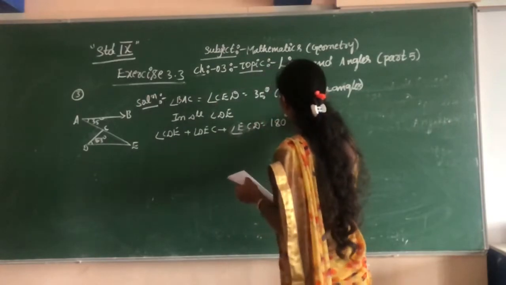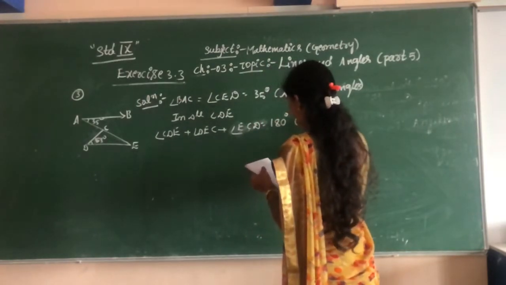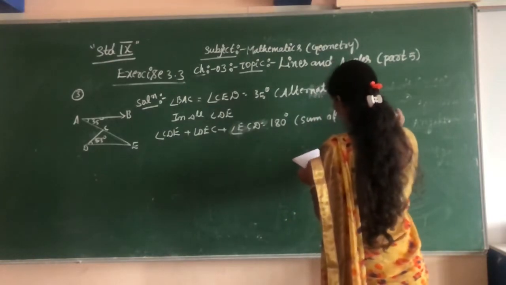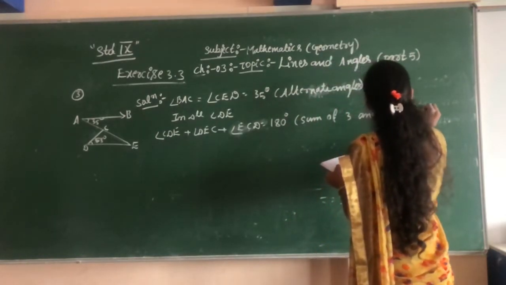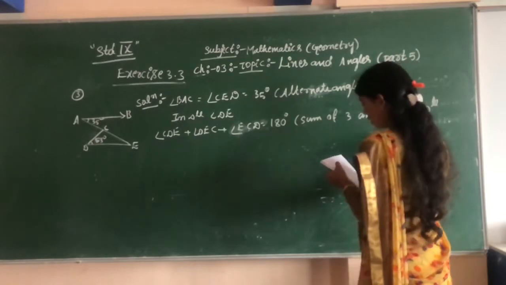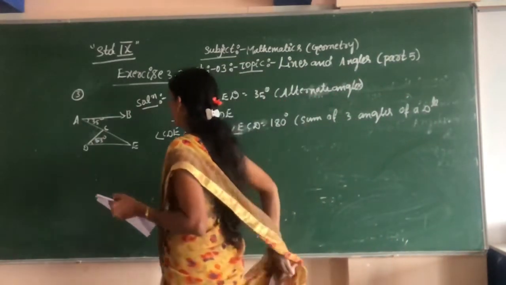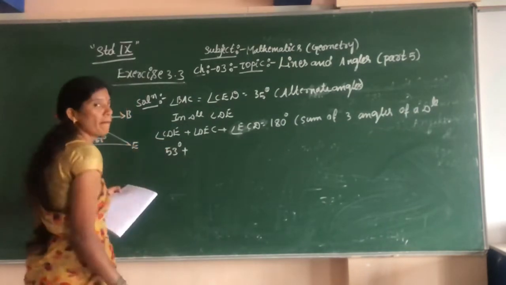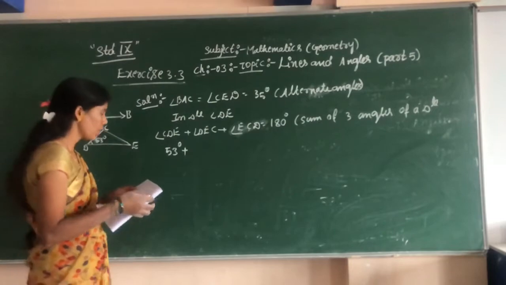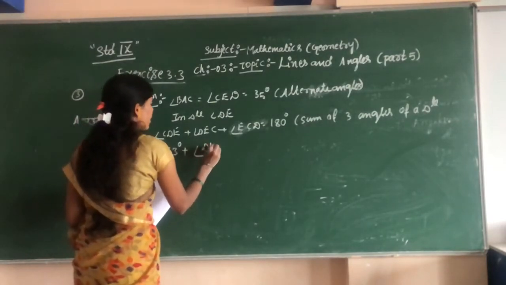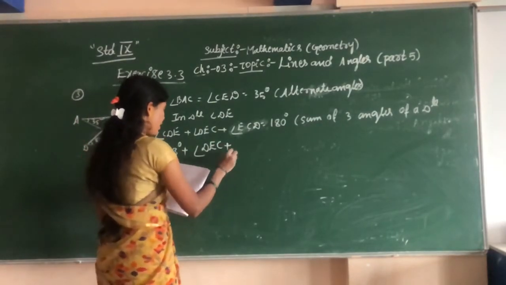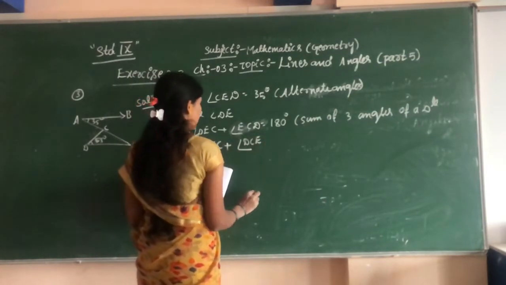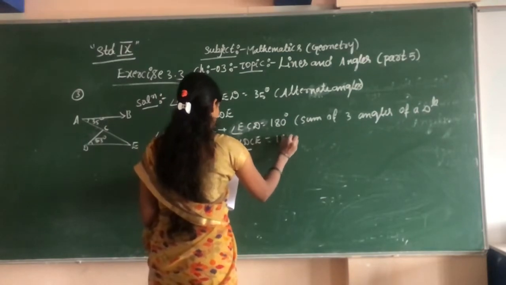Sum of the three angles of a triangle. So angle CDE is given as 53 degrees, plus angle DEC plus angle DCE is equal to 180 degrees.